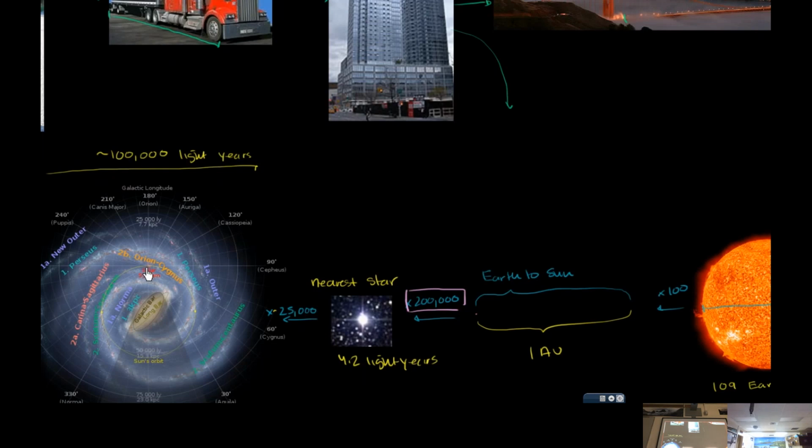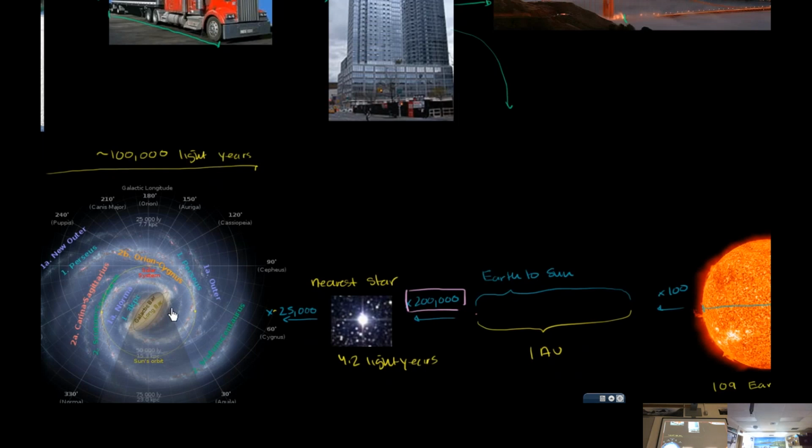You'd have to get a ton of stars within that one pixel, even though they're so far apart. And then this whole thing is 100,000 light years. It's 25,000 times the distance between the sun and the nearest star. So we're talking about unimaginable, unfathomable distances just for a galaxy.